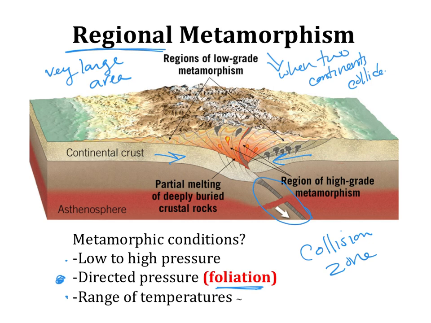So in the center area, around here, you have very high temperatures and very high pressures. But when you get out towards the edges, the temperatures and pressures are less. So it's all still foliated, it's all still part of this regional metamorphic environment. So it all is experiencing directed pressure, but some of it is going to be higher pressure and temperature than other areas of it.